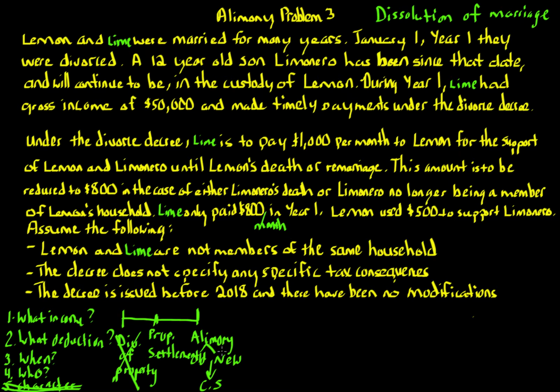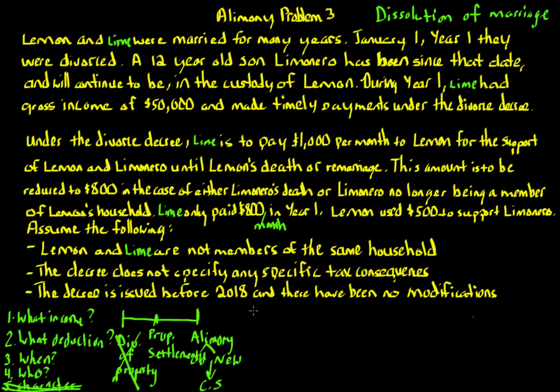When it comes to the tax consequences of alimony, remember that under the new tax law, after the Tax Cuts and Jobs Act, if the decree is issued after 2018, then it's not going to be the old rules, where it's included in gross income to the payee spouse, which is Lemon here, and is deductible to the payor.